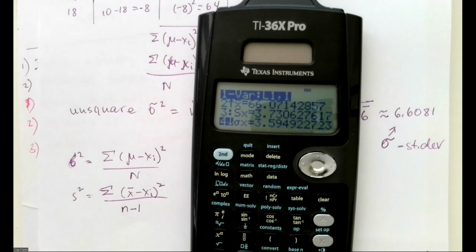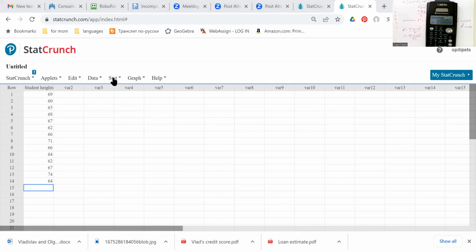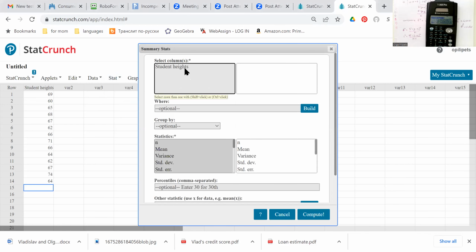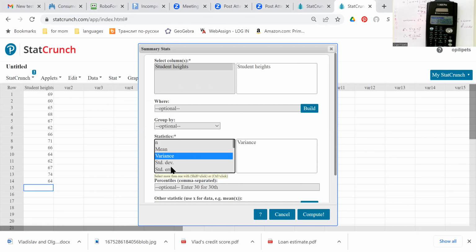Now in StatCrunch, it's also going to be different. So if you want to calculate your measures of variation using StatCrunch, your variance and your standard deviation, that refers to the sample.